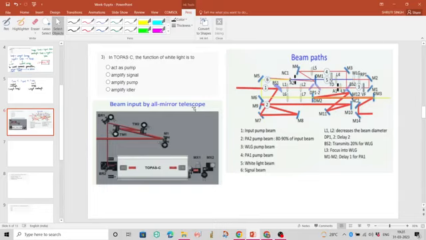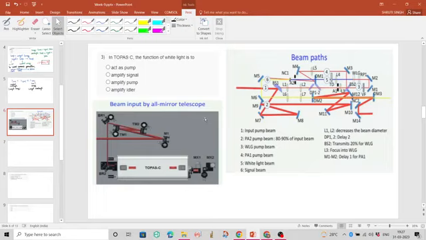Now, this question is regarding the instrumentation part. So let's discuss a little bit about the instrumentation of this optical parametric amplification, and then we can answer this question directly. So here I have kept the schematic diagram of the setup.